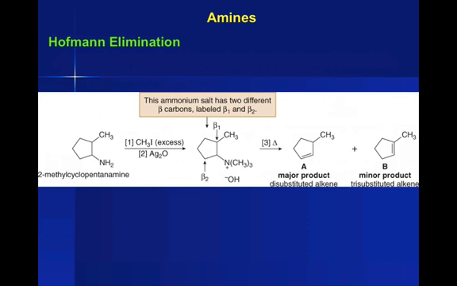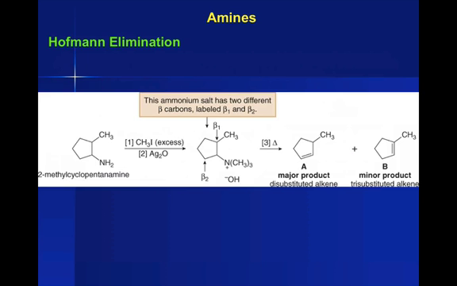So the way that this happens is when you have an excess of iodomethane, the primary amine becomes a quaternary ammonium salt. Remember, amines will react with alkyl halides, and they do that until they form quaternary ammonium salts. Because the primary amine is more reactive than ammonia, and then the secondary amine is more reactive than the primary amine, which is more reactive than the quaternary ammonium salt that you get.